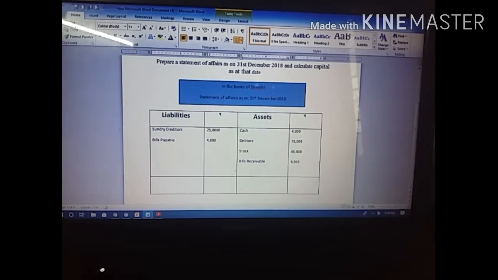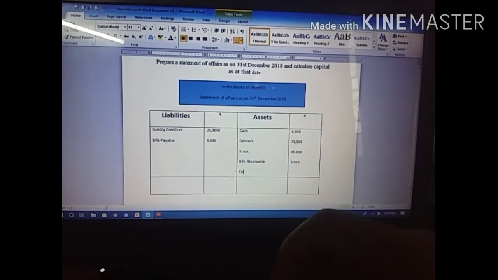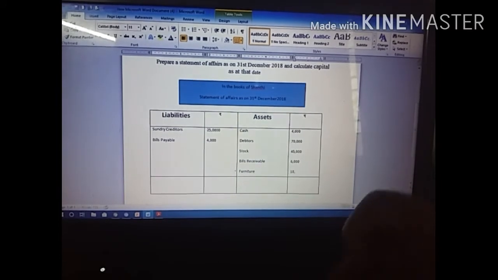Then we have furniture. Furniture is also an asset. The amount of furniture is 10,000. Then one more asset, machinery. That we also have to write.